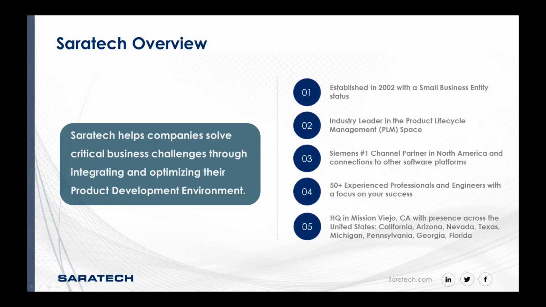With our partner Siemens, we're actually the #1 Siemens channel partner in Americas. We're based out of Orange County, California, but our team is across the U.S. We have 50+ employees across the U.S. who are close to our customers, who work with our customers day in, day out. I am based in California. Dan is close to Philadelphia, so you got both East Coast and West Coast on this conference call today.